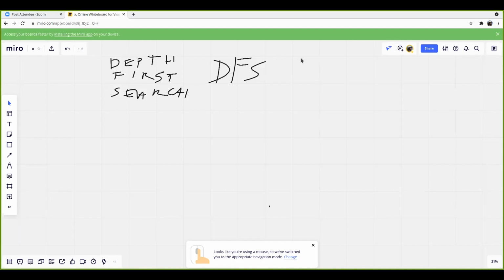So DFS is best implemented as a recursive function. And sometimes it can be implemented just by having a single argument, the vertex we are currently trying to visit. So the first thing we do when we try to visit V is we will mark V as visited.